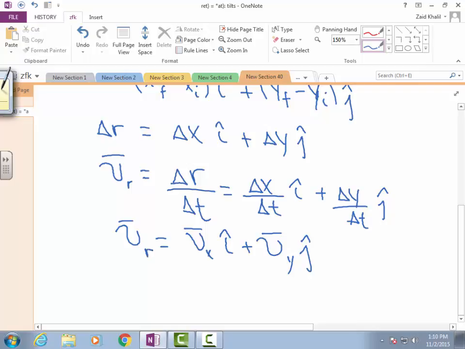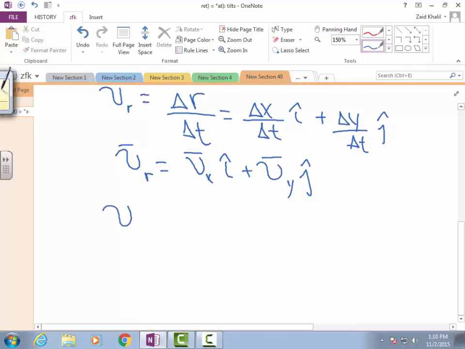Now that I have average velocity defined, what can I define with it? No, not yet. You need instantaneous. So how do you define the instantaneous velocity? In other words, what is VR of t? Be careful.